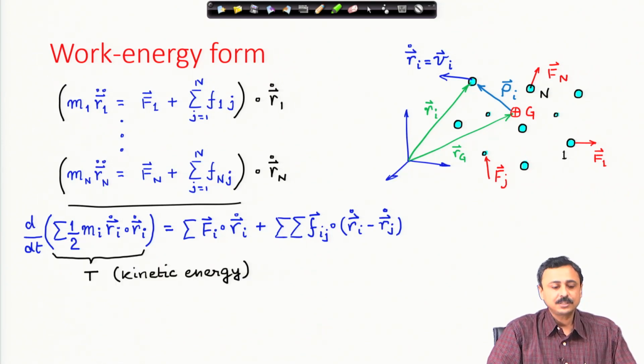The bracketed expression, as I just mentioned, is the total kinetic energy of the system, because it is the sum of kinetic energies of individual particles. So, it is the total kinetic energy of the system.